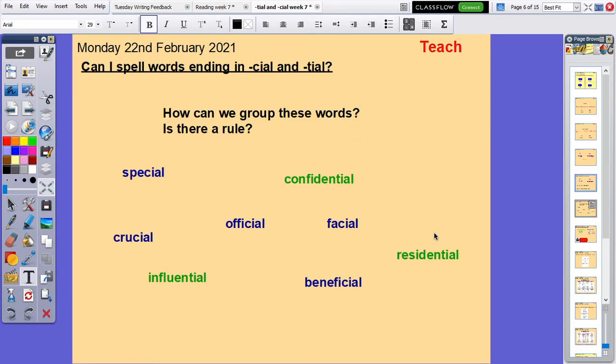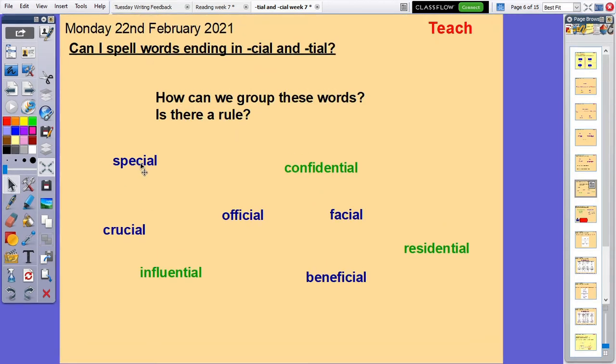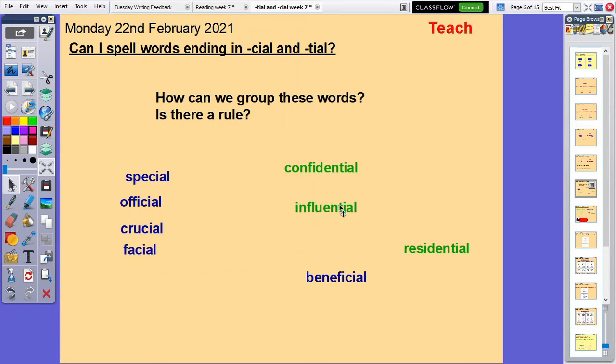Okay, so bearing in mind what you've got there, what we can now do is sort our words. So I've put them all in blue. Let's check that the rule works. So I've got special, vowel, official, crucial, facial, beneficial.